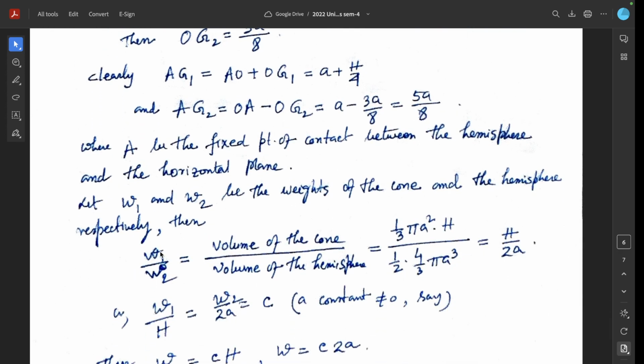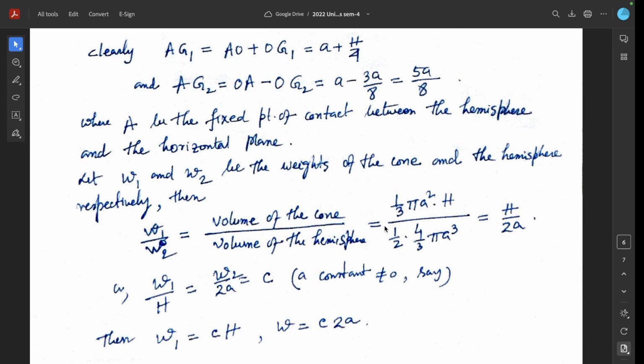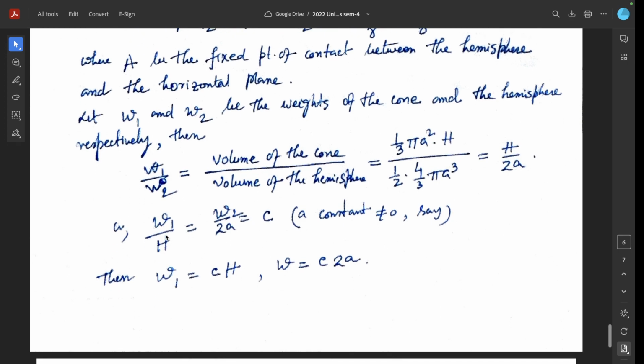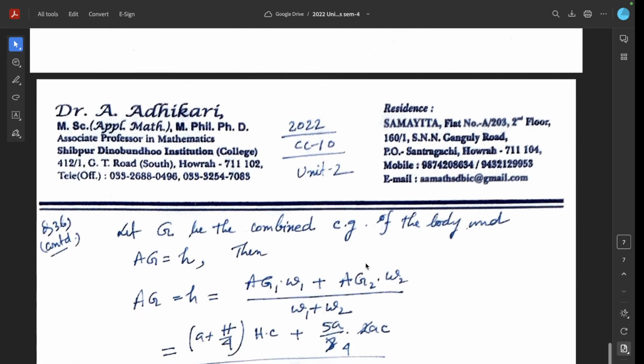Then W1 by W2 equals the volume of the cone by the volume of the hemisphere. The volume of the cone is 1 by 3 pi a square into h, and the hemisphere is 2 by 3 pi a cube. This equals H by twice a. So W1 by H equals W2 by twice a equals some non-zero constant c, say. Then W1 equals cH, W2 equals twice ca.